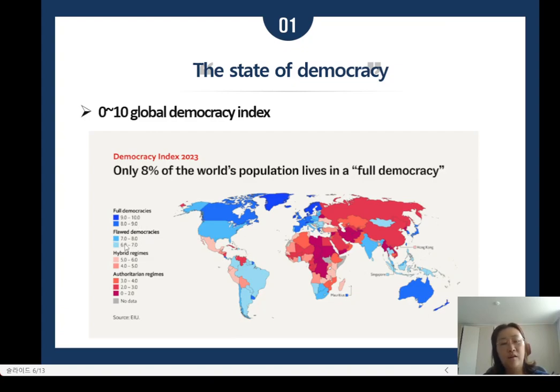Flawed democracies are democracies, but there are some disadvantages. So we can see the differences. And the interesting thing here is that Canada is 9 to 10, but the US you can see scores 7 to 8. So it shows the retreat of democracy.